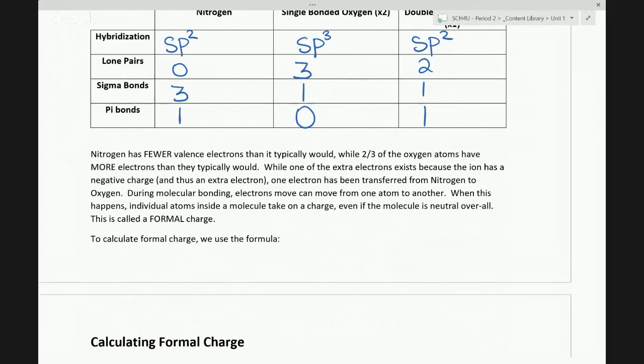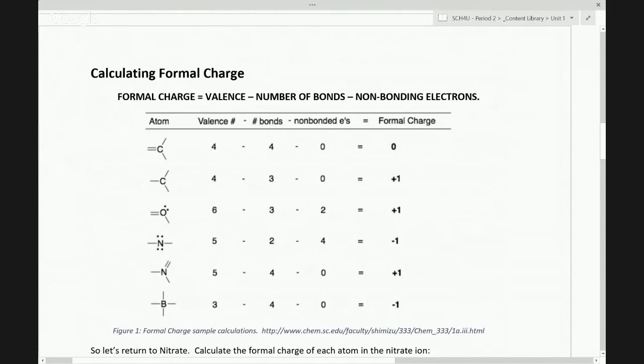When this happens, even though the molecule on the whole may be neutral, individual atoms can take on charges, and we call these formal charges. And to calculate the formal charge, we use this formula. And it's right here on the next page. The formal charge is the atom's valence minus the number of bonds it's making.